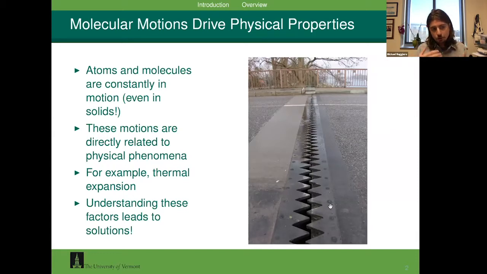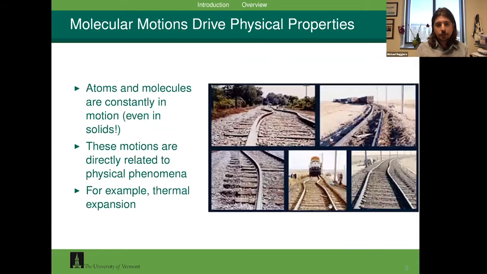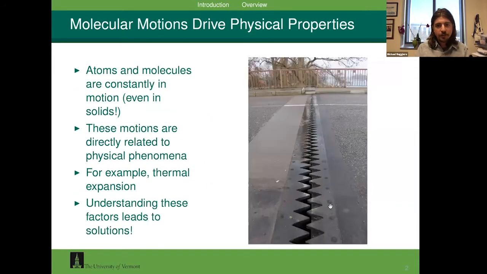If you know those parameters, then you can start designing solutions to avoid railroad buckling. This is one thing that everyone has probably seen on roads and bridges. They'll have these anti-buckling devices. It literally allows for some expansion or contraction without the road buckling.